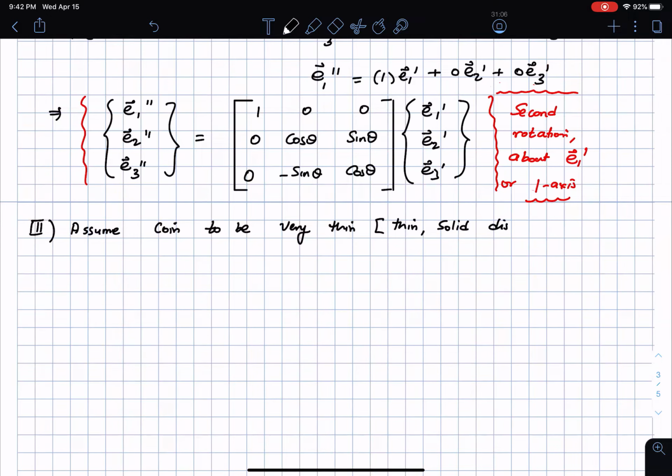So this is a thin solid disk. And so we say that this coordinate frame E1 double prime, E2 double prime, E3 double prime is not a co-rotational basis.